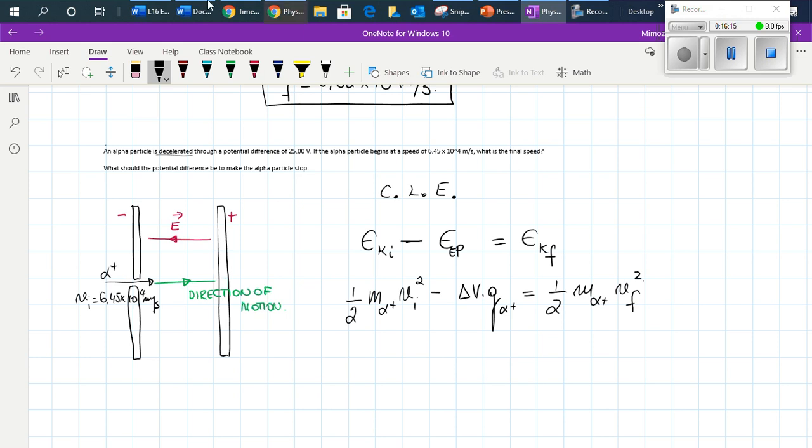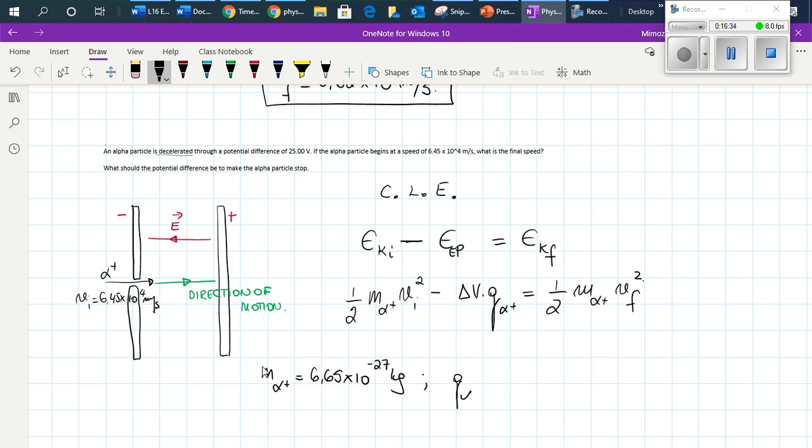Now in your data booklet, what do you have in terms of the alpha particle? The mass of the alpha particle is 6.65 times 10 to the power of negative 27 kilograms.